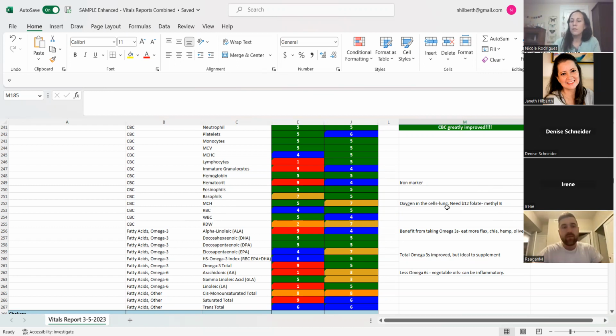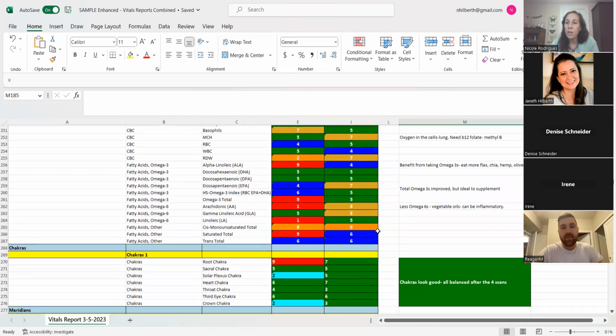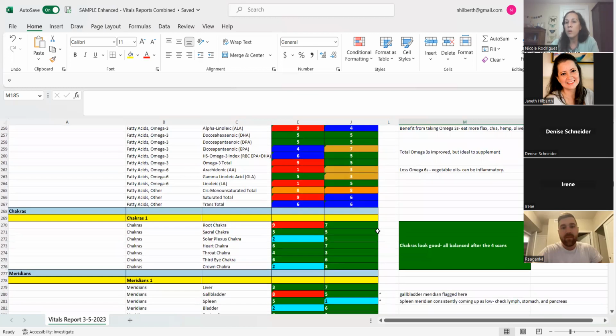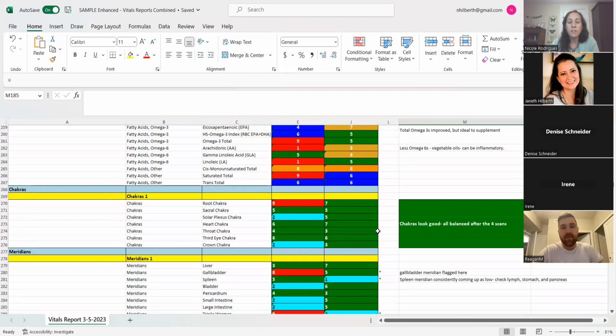MTHFR is one of the genes, and there are multiple strains of it where you need methyl B with MTHFR in order to help you methylate and detox. So this was just something I flagged. I figured I'd look a little further down the scans to see if anything came up for MTHFR or maybe homocysteine levels, because that can be affected with MTHFR as well.